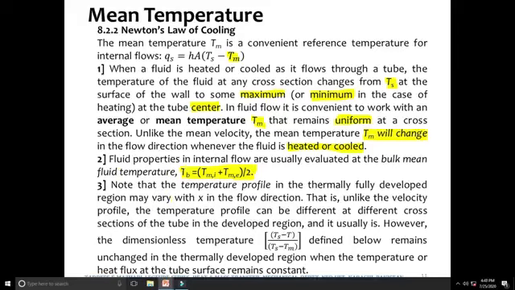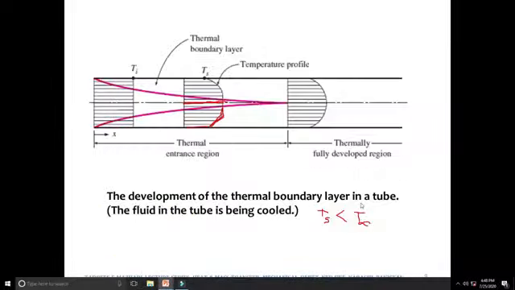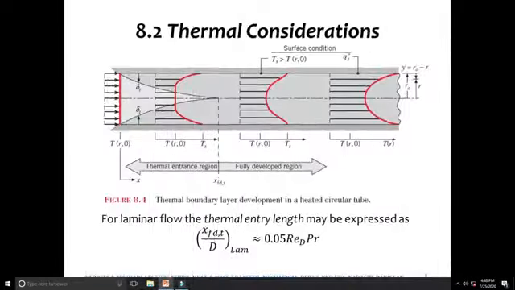Then the last point says that the temperature profile in the thermally fully developed region may vary with x in the flow direction. That is, unlike the velocity profile, the temperature profile can be different at different cross sections. As you can see over here, the temperature profile was in fact different at different cross sections, unlike the velocity profile. The velocity profile, once fully developed, will have that particular constant shape, but over here it is not happening.